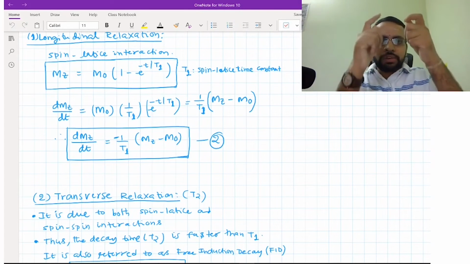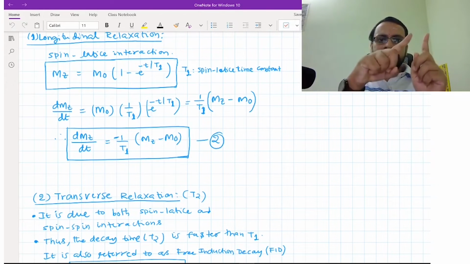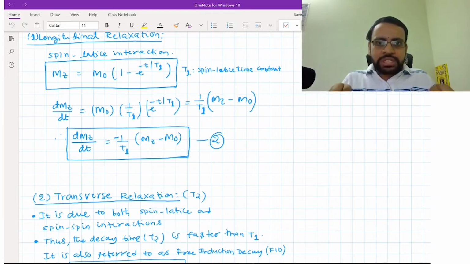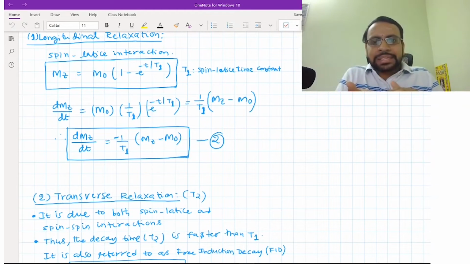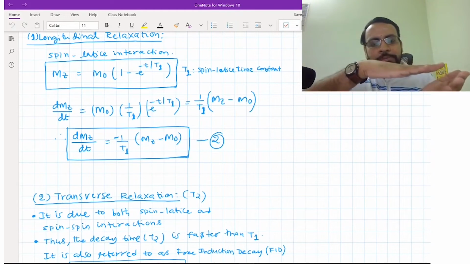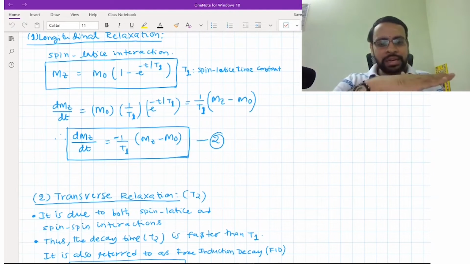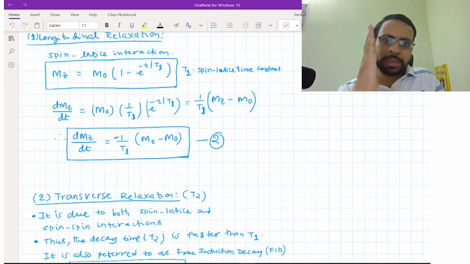Because of that, although everything is in this direction, if you take the projections of each dipole on the xy plane, then even before that becomes zero, once the magnetic vector M comes into alignment with the z axis, it would anyway become zero.